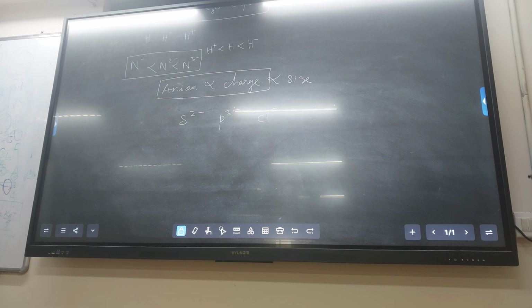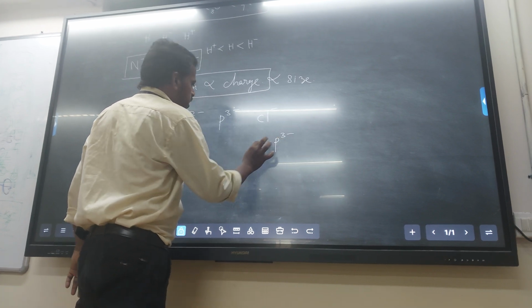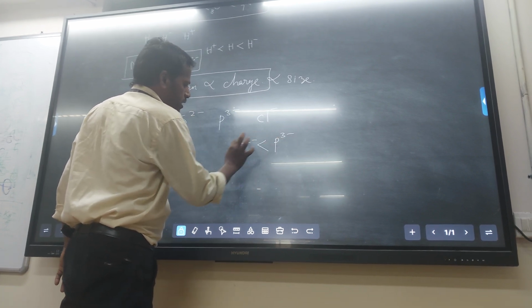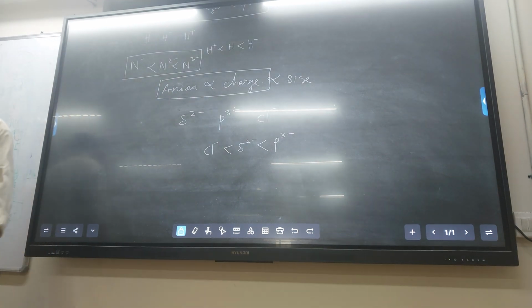Anyhow, I have already given the clue for anions: charge maximum means size maximum. As per that concept, you arrange. So P 3 minus is maximum, then S 2 minus, then Cl minus.